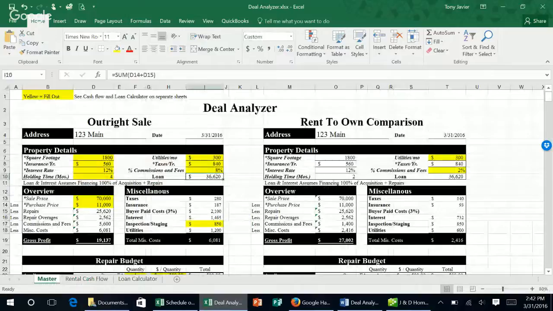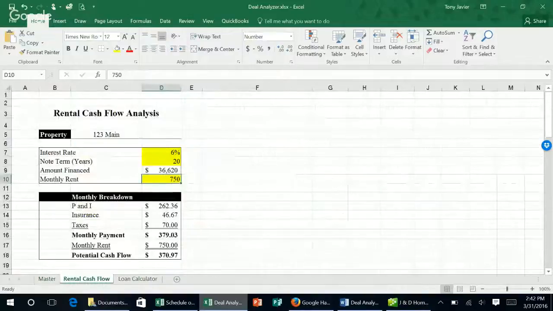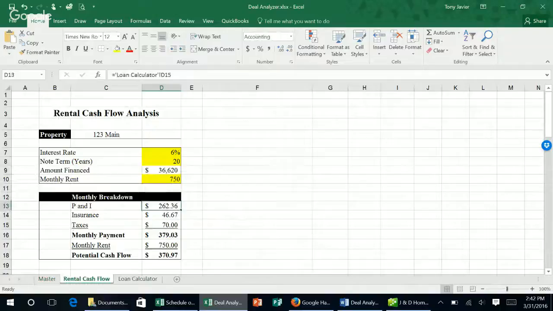So if you borrow 100% from a private investor and you refinance 100% and that's your loan, and you decide you want to rent this out for $750, this will show your principal and interest on $36,000 with these loan terms. It'll show your insurance based on what you put on the previous sheet, your taxes, your monthly payment, and here's your potential cash flow before vacancies, before repairs, and anything else that you may have expense-wise on this property.